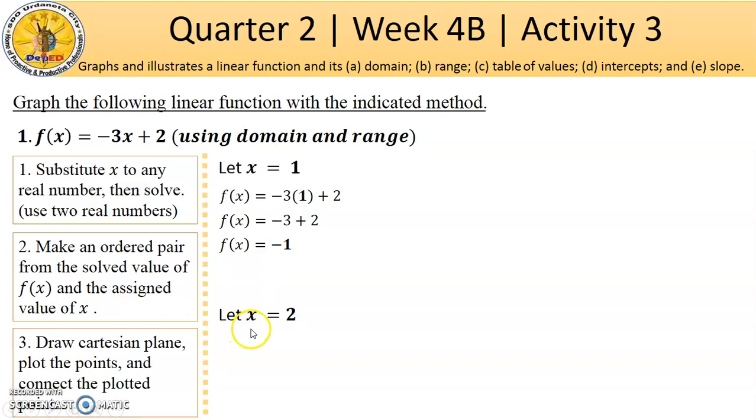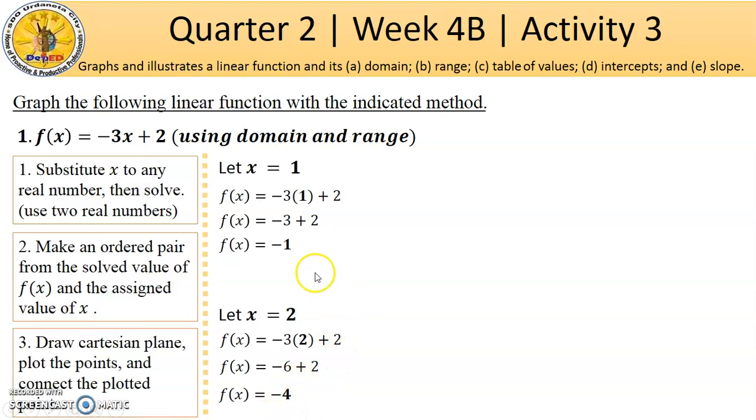Next, for x equal to 2, we substitute x by 2. So we have f(x) = -3 times 2 plus 2. Negative 3 times 2 is -6. Now, -6 plus 2, we have -4.